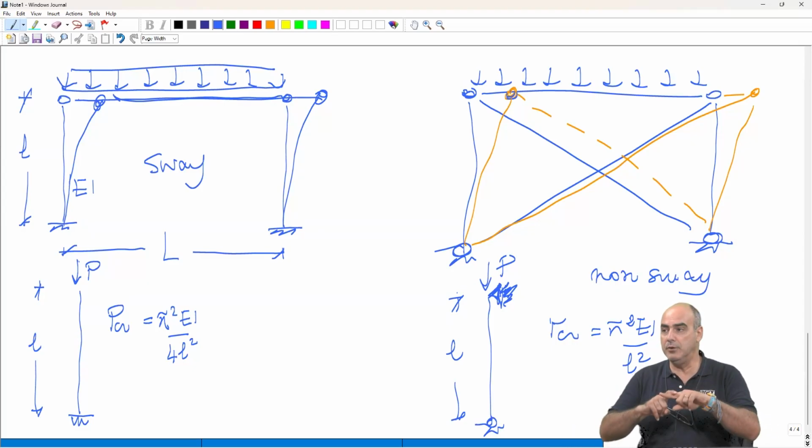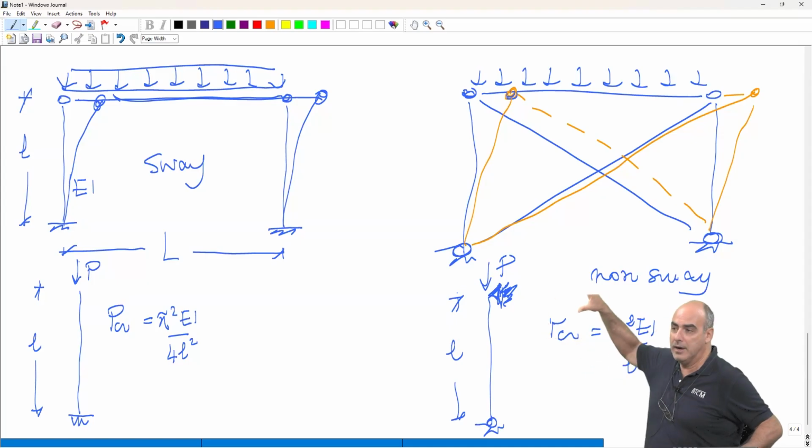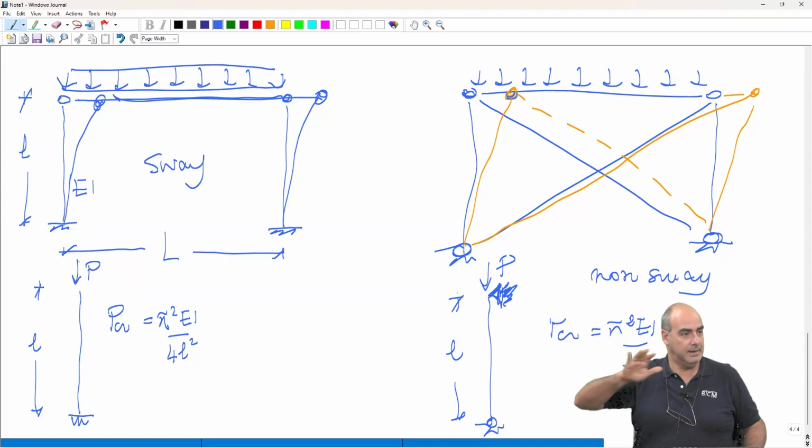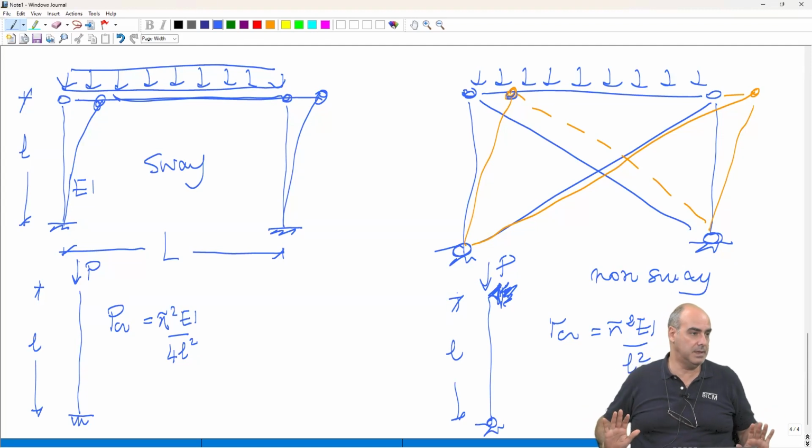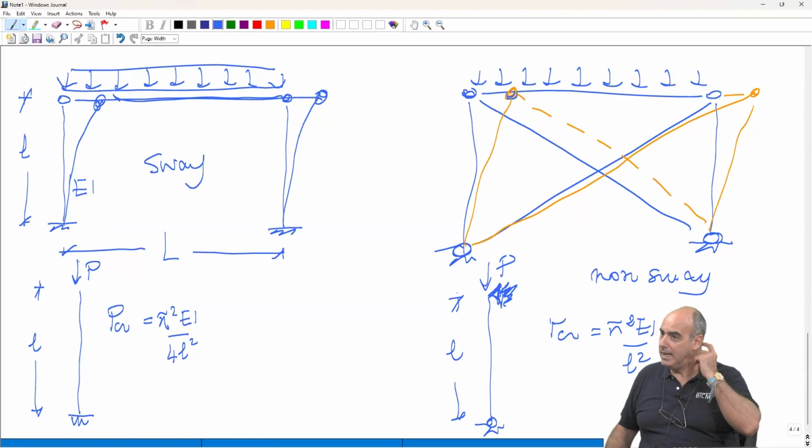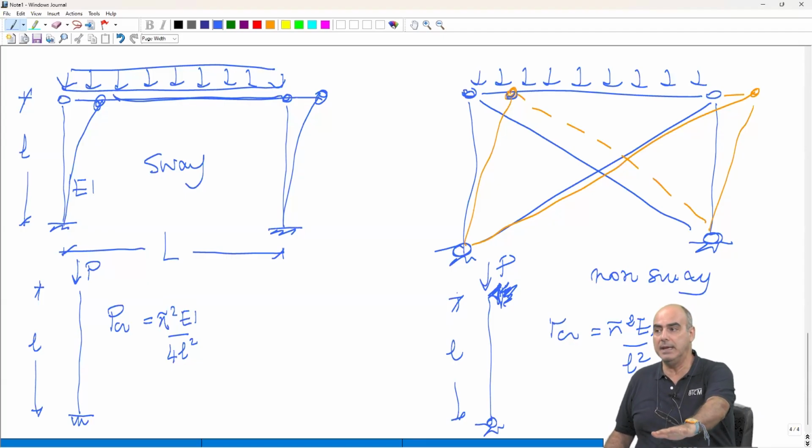Non-sway frame: either you need the bracing or you need the core or a very stiff shear wall parallel to it, which prevents the displacement. There is no other way to obtain it. But now let us play the same game. Imagine that you have designed and built this building, okay?